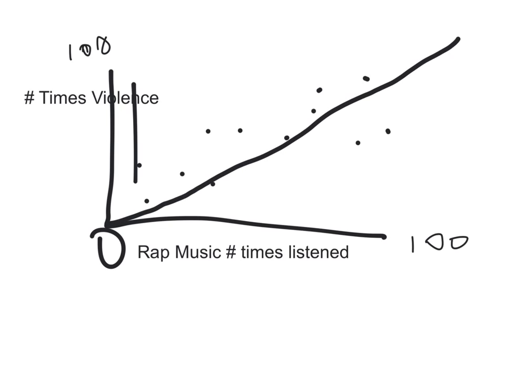The more you experience violence, the more you listen to rap music, or the other way around. So a correlation can imply cause and effect. In fact, in this case, it's probably both are doing both. But more so, the violence is probably having a bigger effect on causing people to listen to rap music than the other way around. Okay?